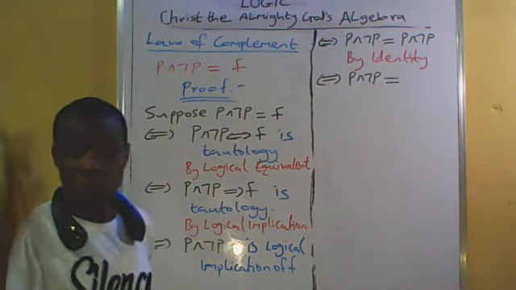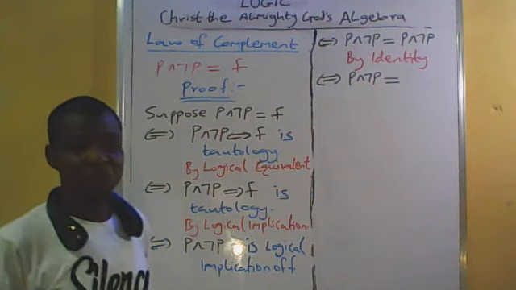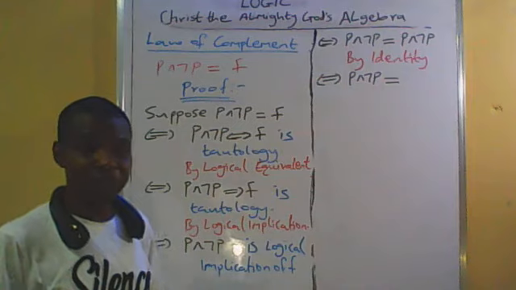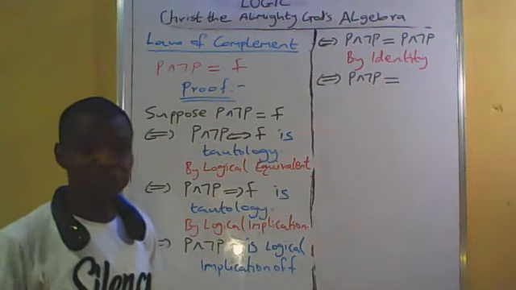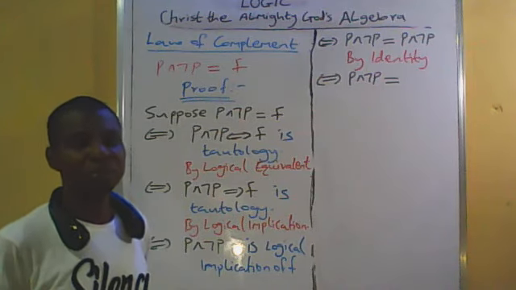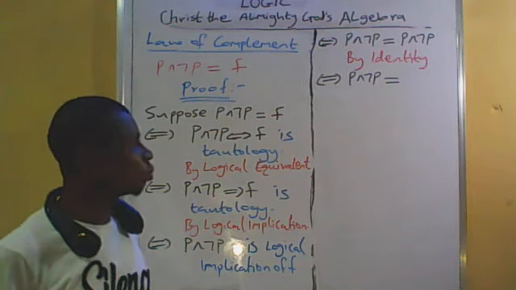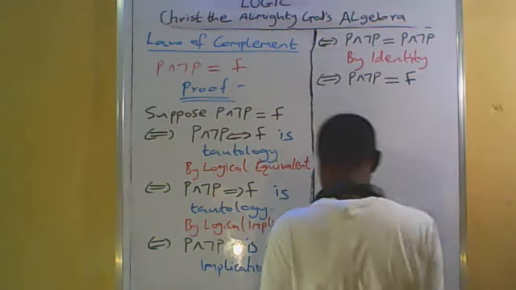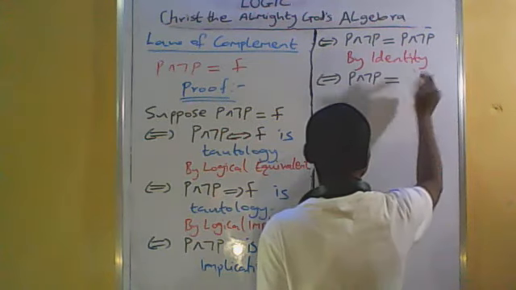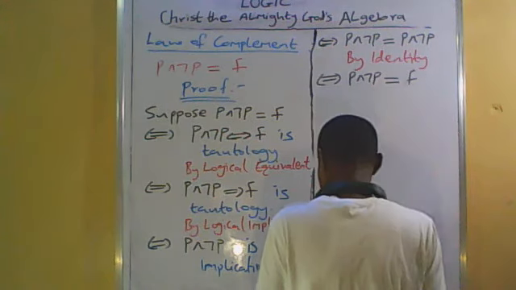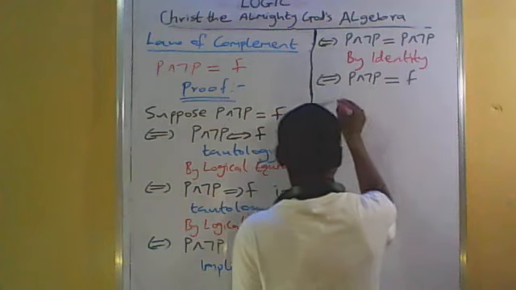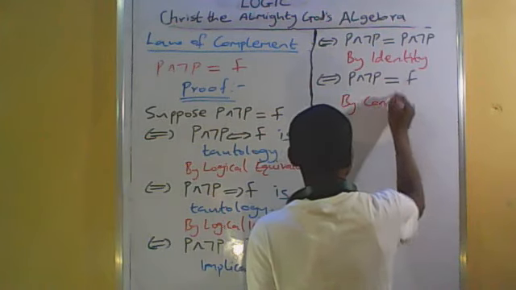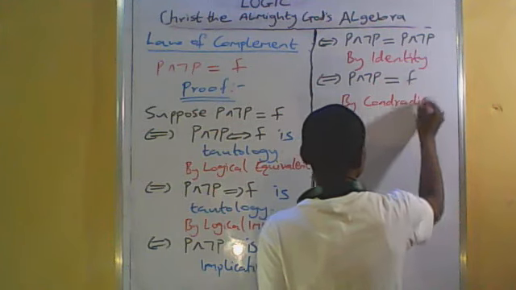So when you evaluate it, it always gives you constant F. If it always gives constant F, you say that the statement is contradiction, that is F. So P and not P is equal to F, being justified by contradiction.